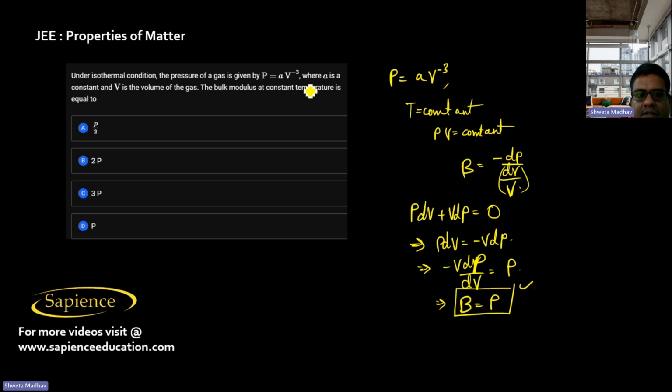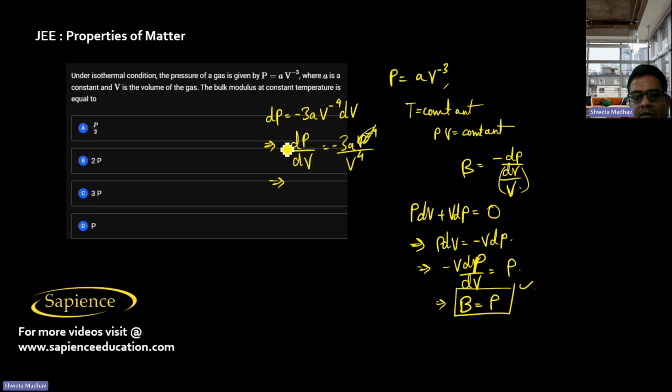Here actually we can say dp will be equal to minus 3a into v power minus 4 into dv, which means dp by dv is equal to minus 3a by v power 4.